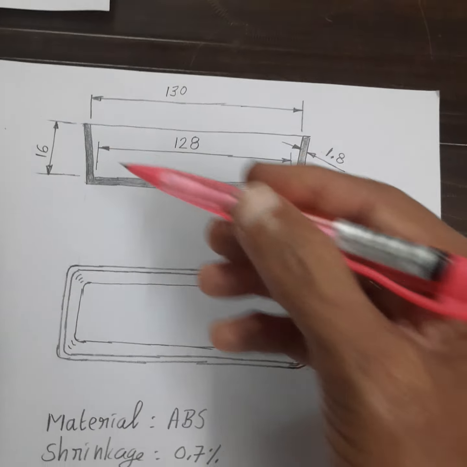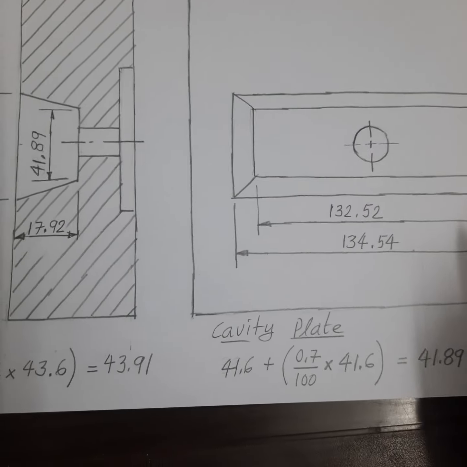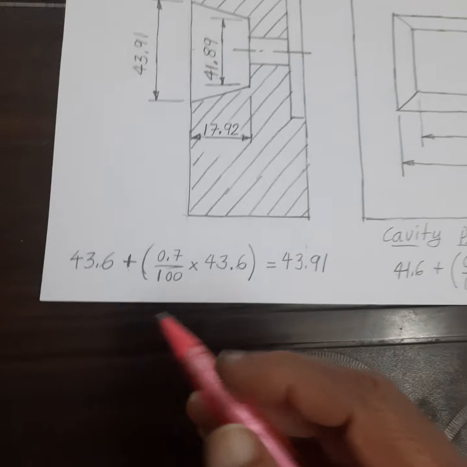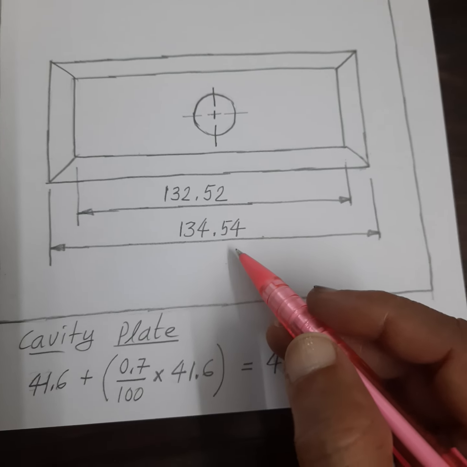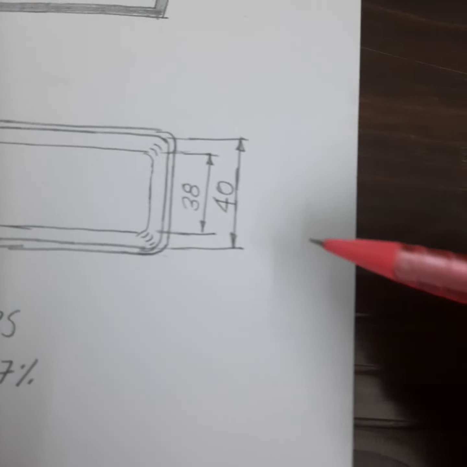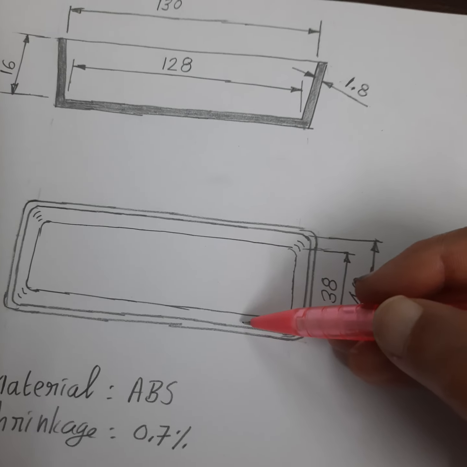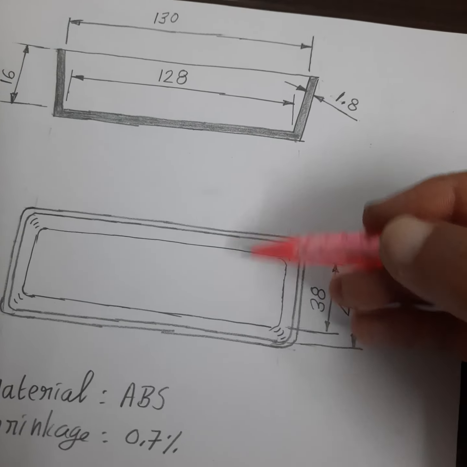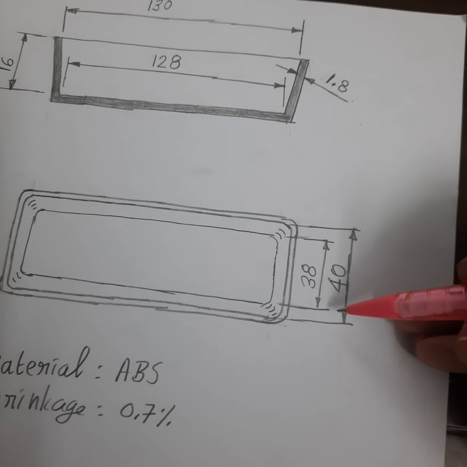So this dimension should be 133.6 plus a shrinkage allowance. When you account for shrinkage allowance, it comes to 134.54. This 40 is the inner dimension on the component. What is the outer dimension? 40 plus 3.6, so 43.6.